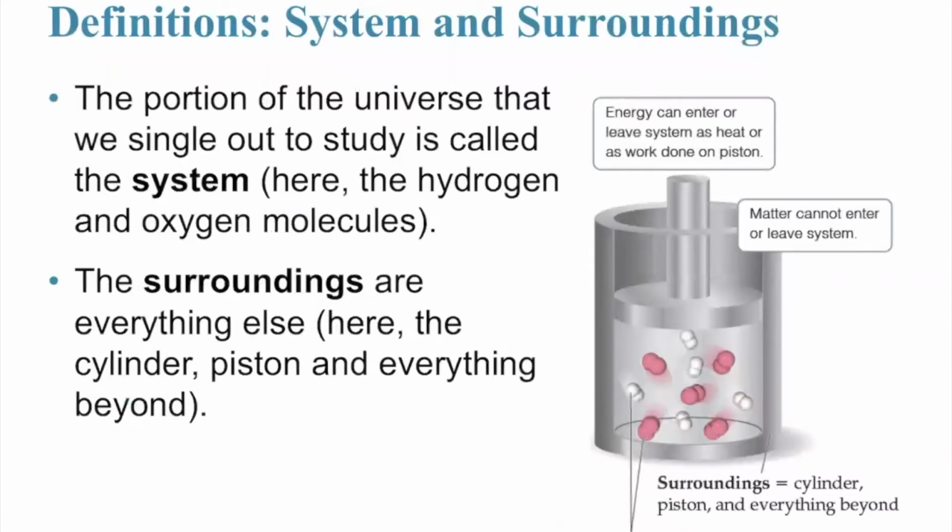One convenient way to define this is to realize what the system is and what the surroundings are. For example, if you have a beaker with water, or a container with chemical reactants and products, the reaction itself will be considered the system.